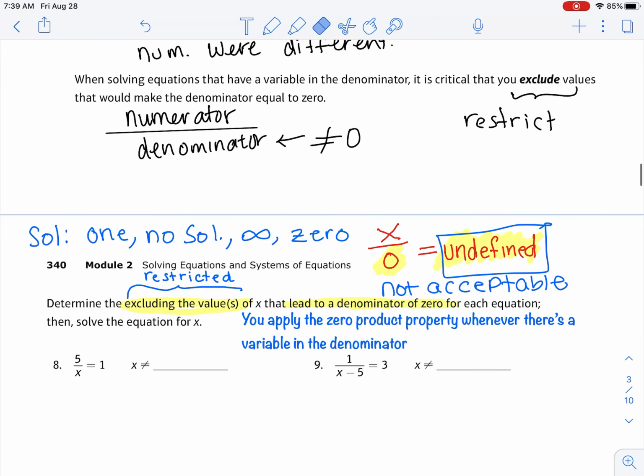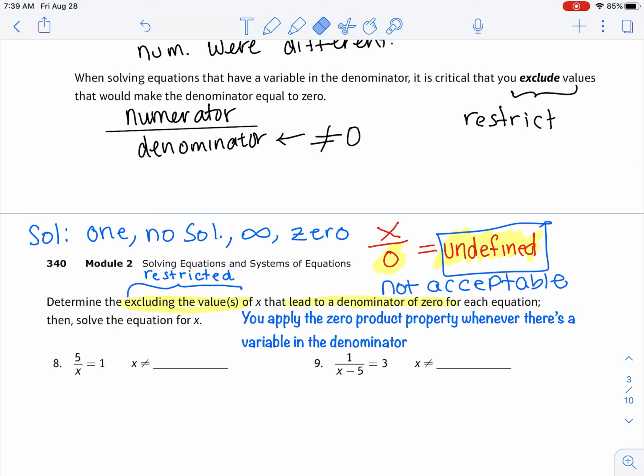So looking at page 340, I just wrote this out, so go ahead and take a second and pause the video and write this out. The acceptable solutions in this case would be exactly one solution, no solution, infinitely many solutions, or a zero. It's okay to have a zero as a solution. X can equal 0.